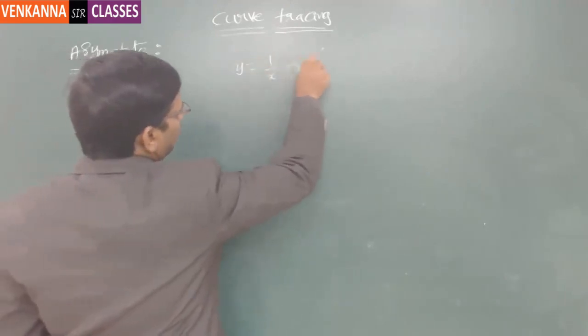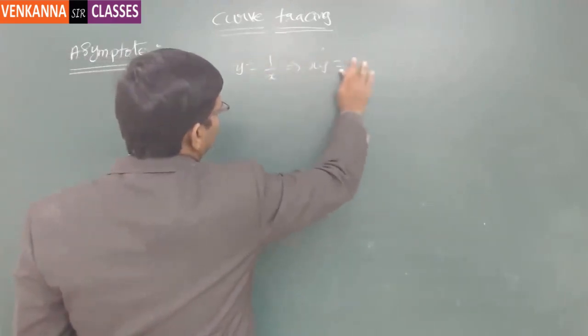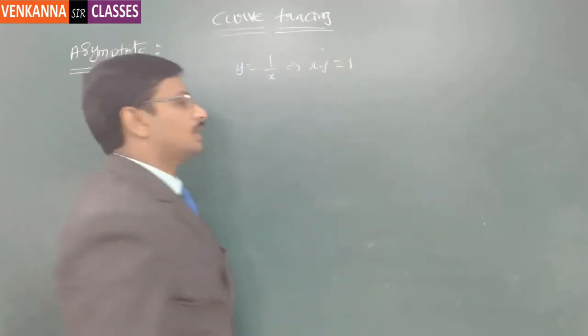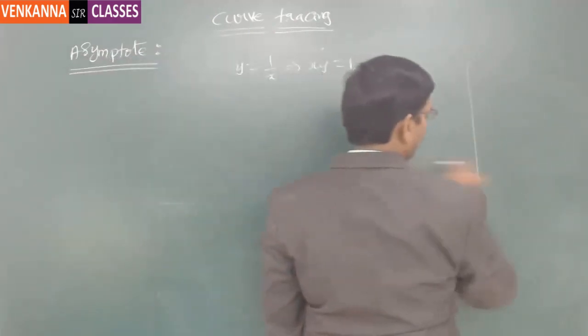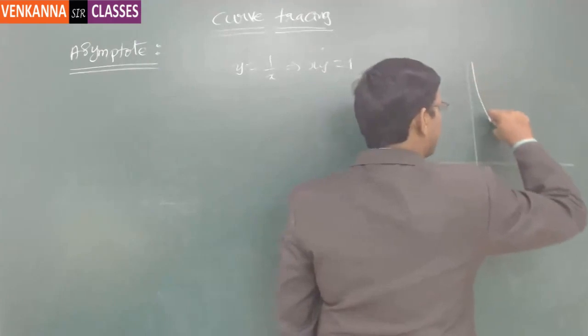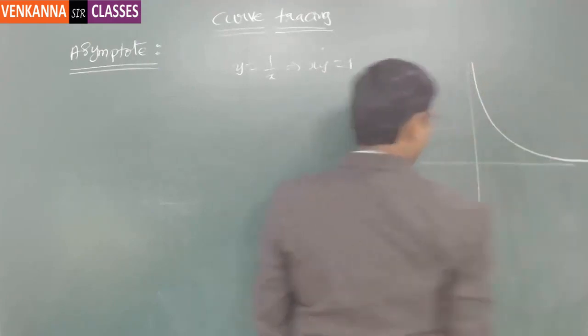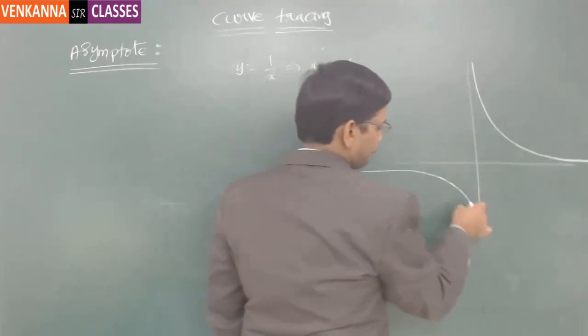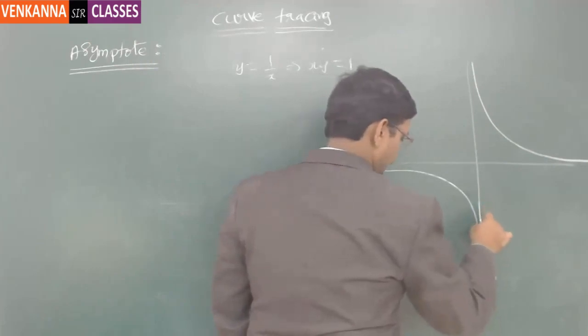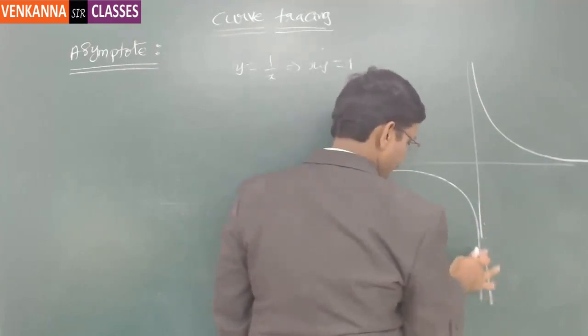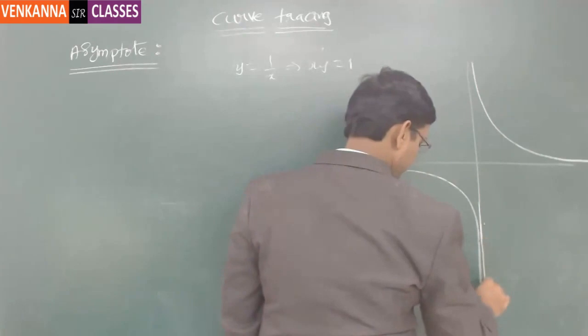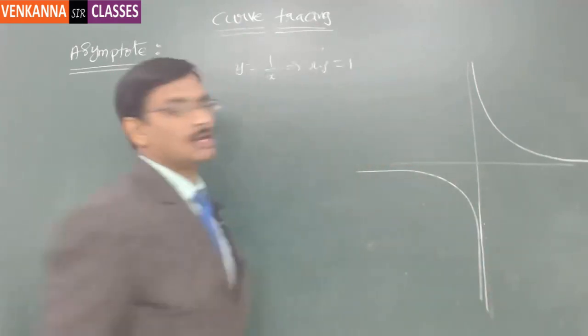Then this is nothing but xy is equal to constant, xy is equal to 1. And this curve, if you notice, is a rectangular hyperbola like this.